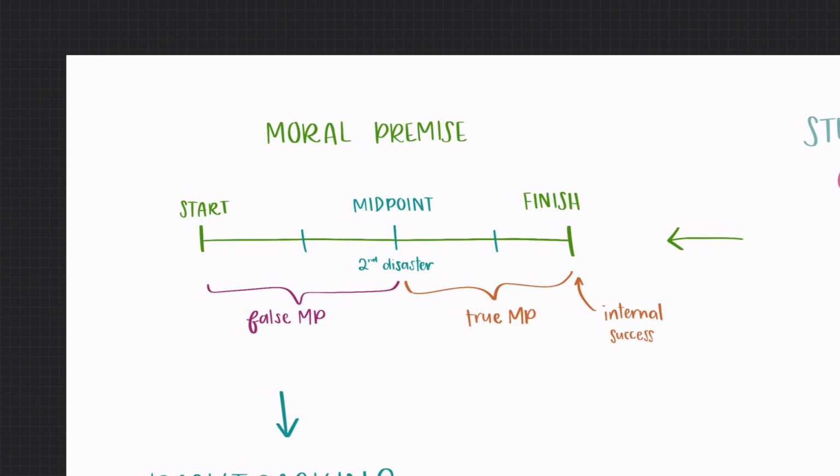It's what they believe until the midpoint of the story, which is when the second disaster happens. And then he says at that point is when they realise that their misbelief is a misbelief, and they've got to learn something new, which is the true moral premise.